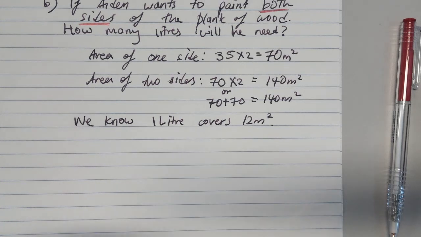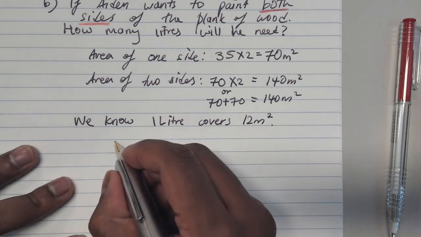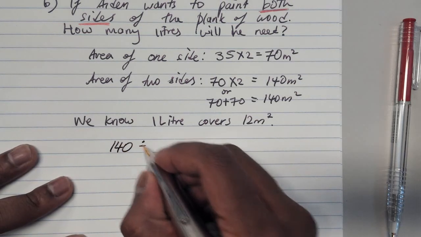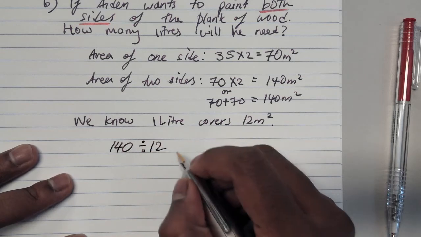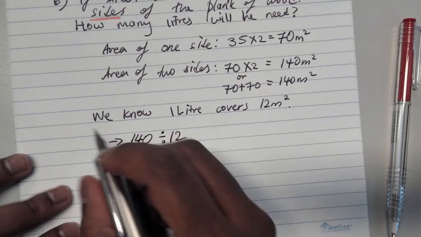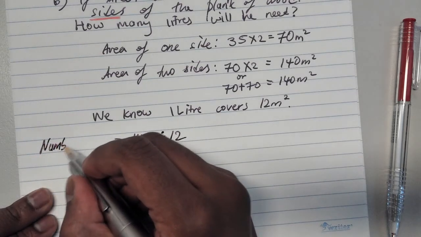It's the opposite of multiply. Divide, yeah. So it's 140 divided by 12. So this gives me the number of liters.